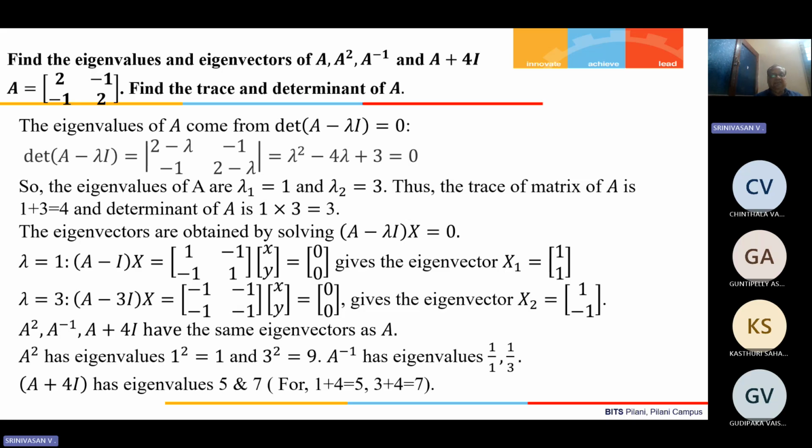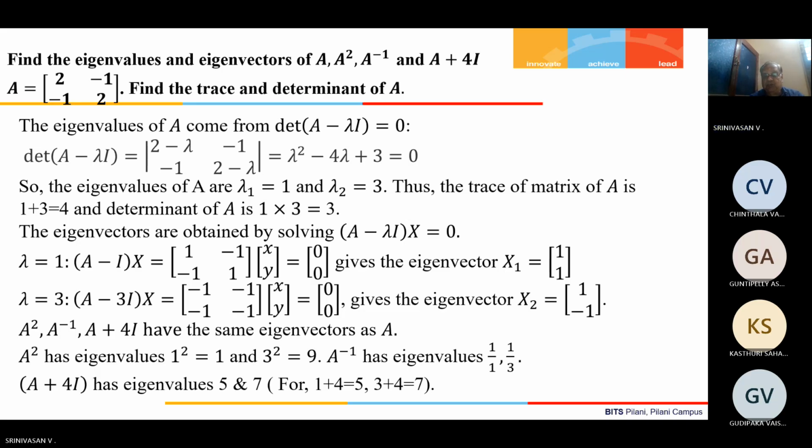For a real symmetric matrix, if the eigenvalues are distinct, what is the important property? The corresponding eigenvectors are orthogonal. Can we check that? It is not asked in the question, but you can make this observation.